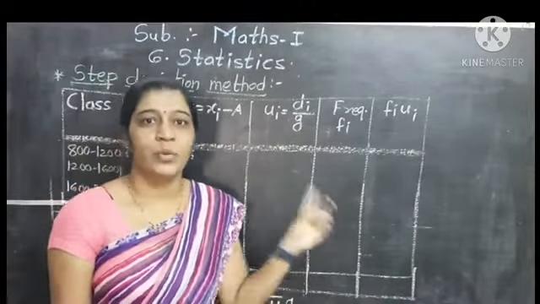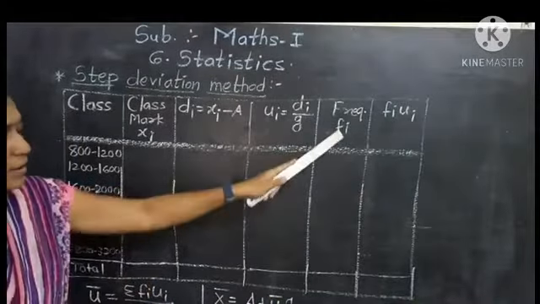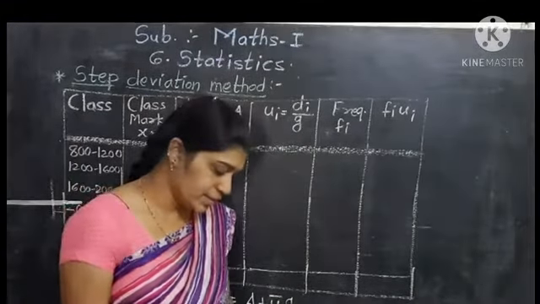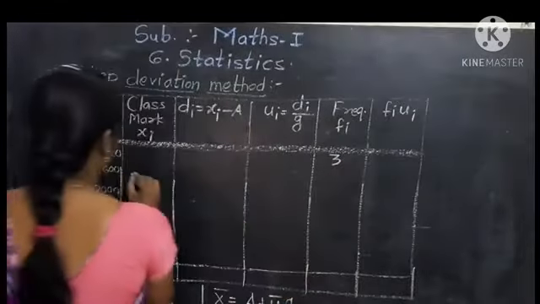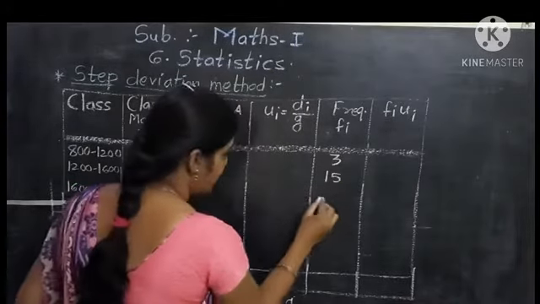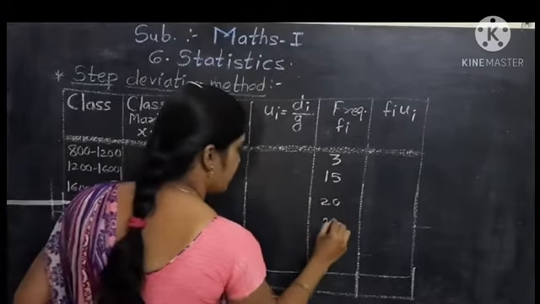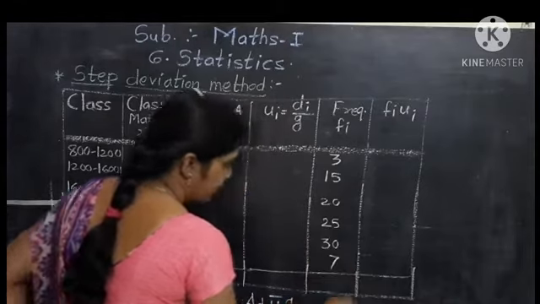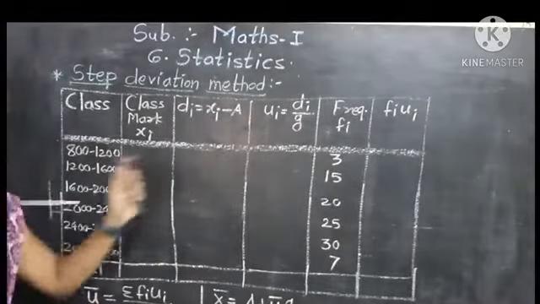From the given example, we write 2 columns: the first column class and the second column fi. The fi values are 3, 15, 20, 25, 30 and 7.